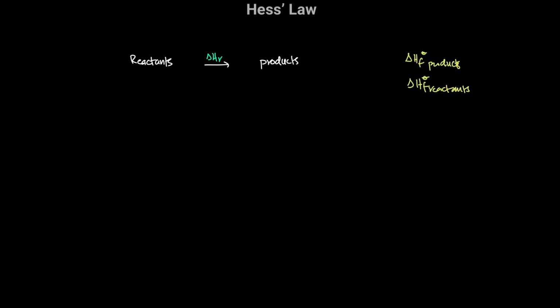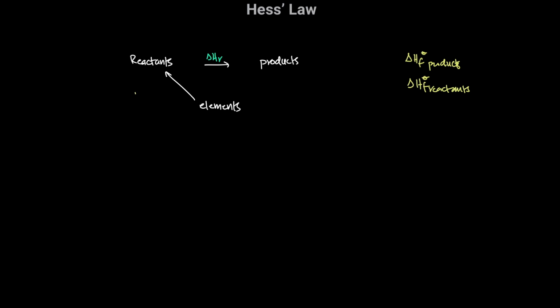Now, if I want to determine the enthalpy change of this reaction, I can draw an energy cycle. And since I've been given the enthalpy changes of formation for the reactants and the products, to complete this energy cycle, I can use elements. I know that the enthalpy change from elements to reactants is the enthalpy change of formation of the reactants.